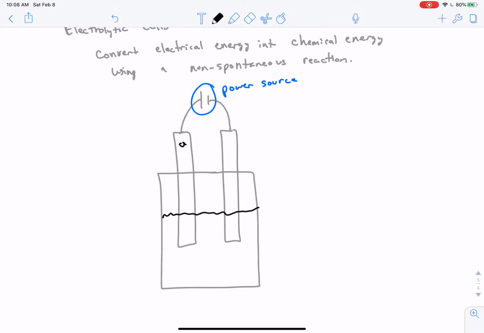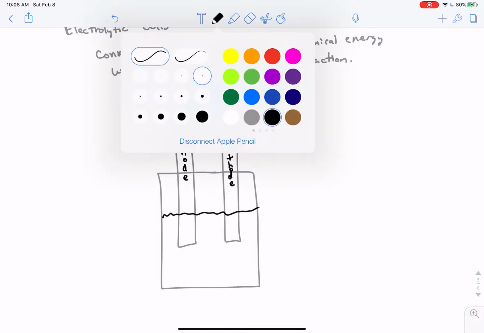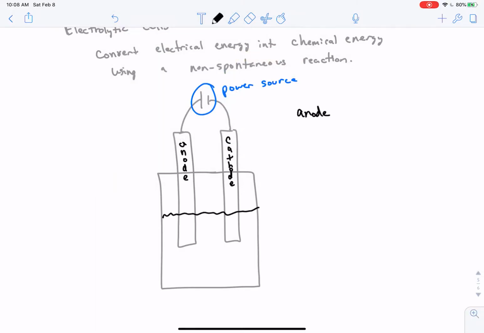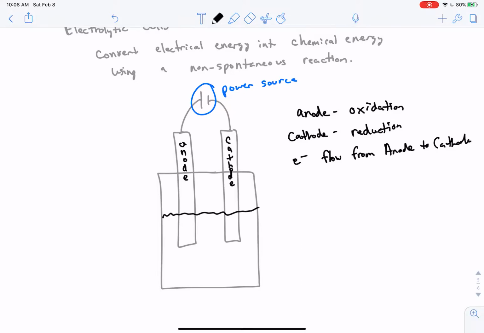For our purposes here, we'll call this the anode, and we'll call this the cathode. And again, the anode is still oxidation. That doesn't change. The cathode is still reduction. That doesn't change. The electrons still flow from anode to cathode. So that stuff stays the same. For both cells, you can say that's all the same.